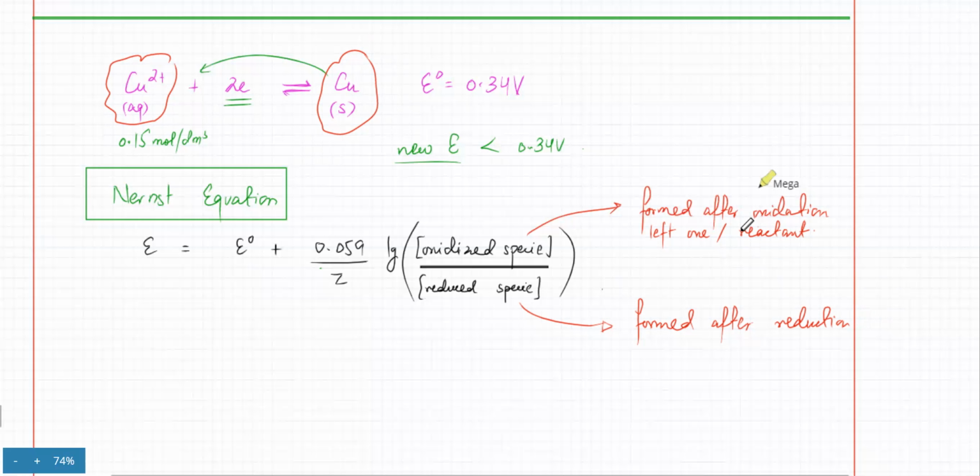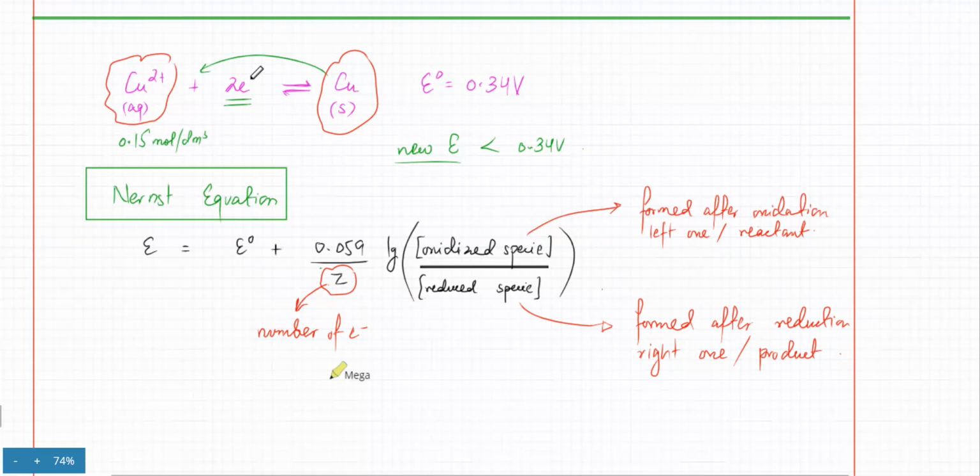So it's usually the right one, or you can call it the product in the way the equation is written. And Z is the number of electrons involved in this reaction, so in this particular reaction it's going to be 2 electrons.